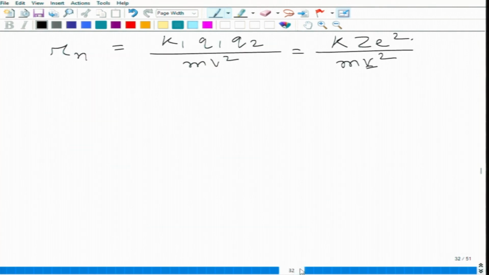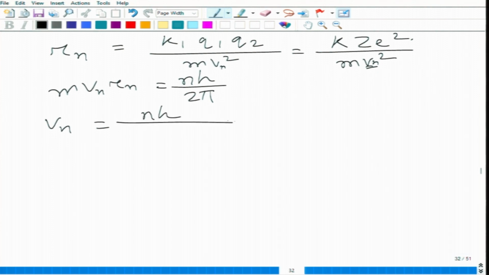So, we will write m vn rn equal to nh by 2 pi. This is vn, okay. So vn will be equal to nh by 2 pi m Rn.